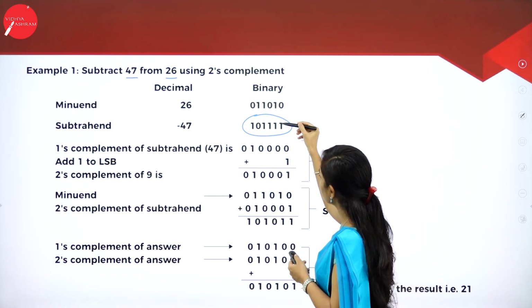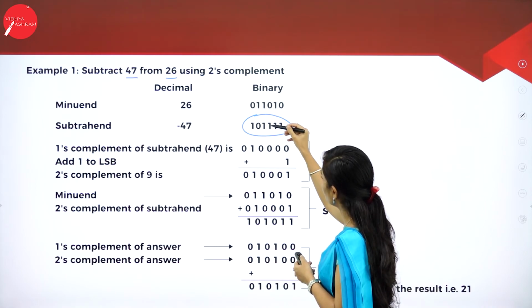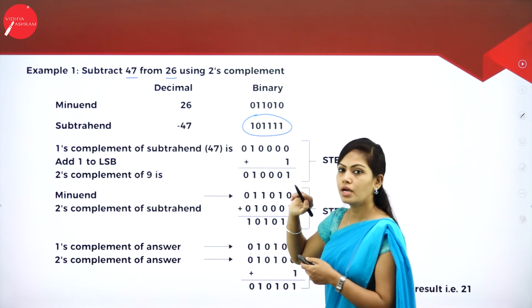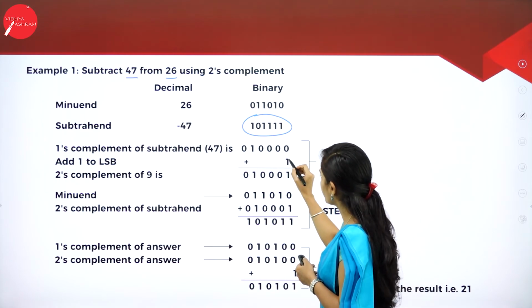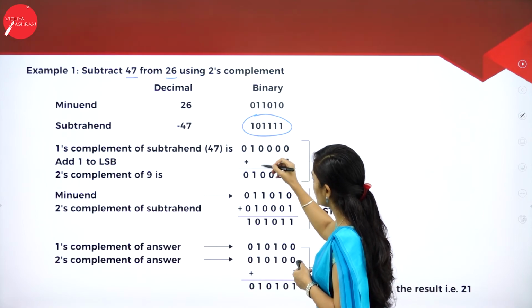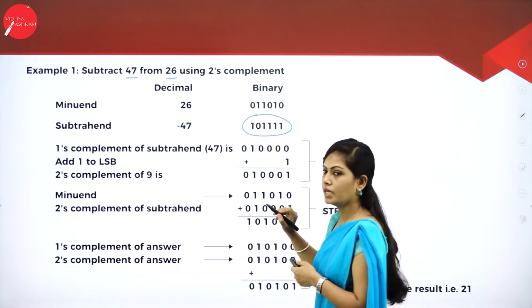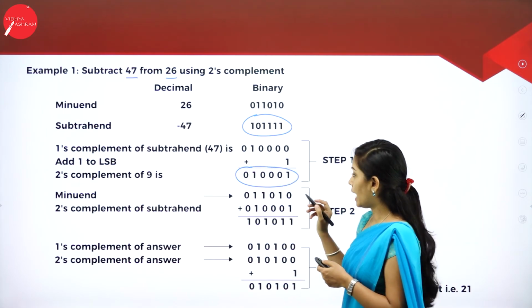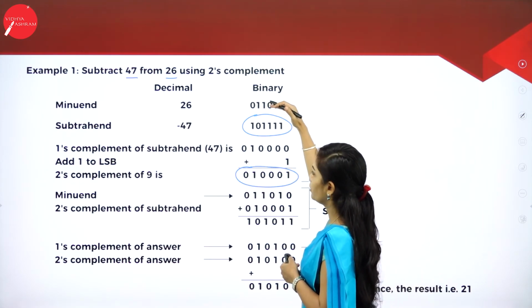So the 1's complement is 1 to 0, 1 changes to 0, 1 changes to 0, 1 to 0, 0 to 1, 1 to 0. And add 1 to the least significant bit, 0 plus 1 is 1, 0, 0, 0, 1 and 0. This is your 2's complement of the subtrahend. And add this to the minuend.